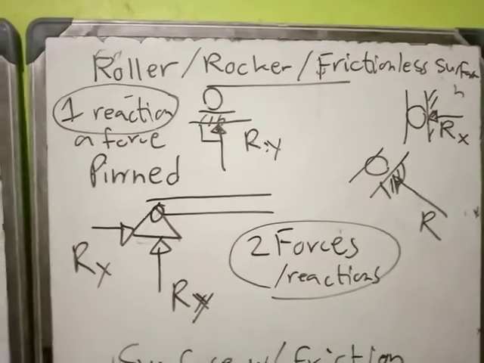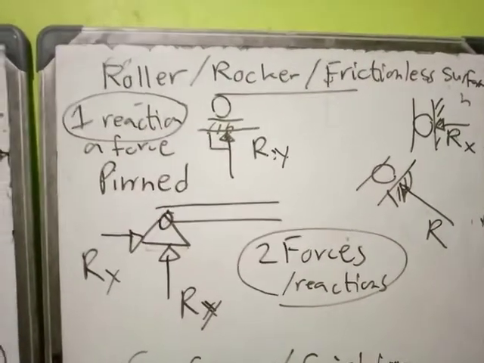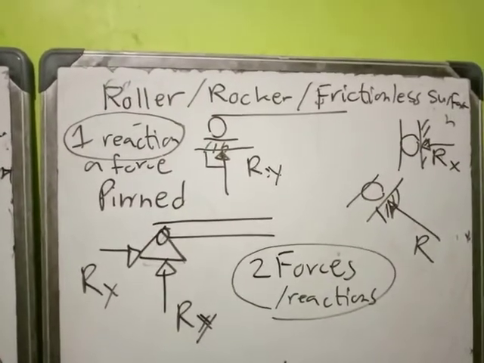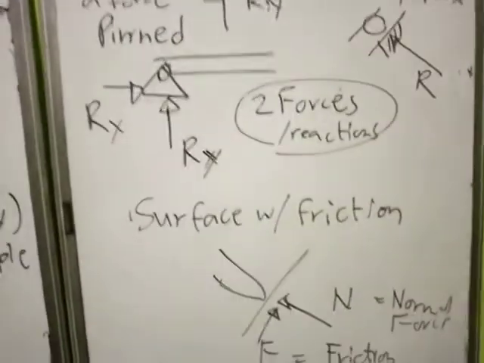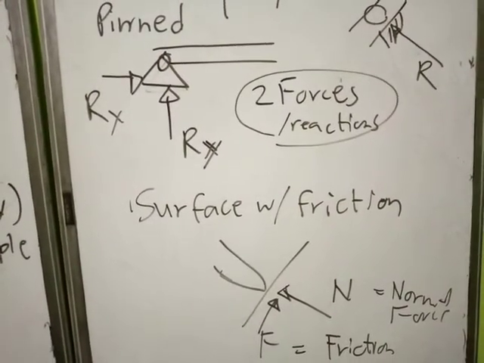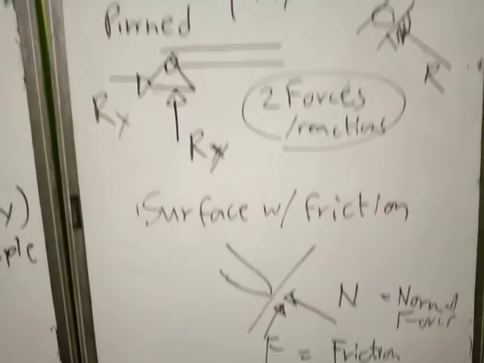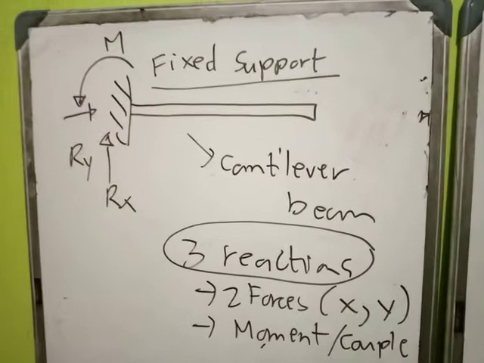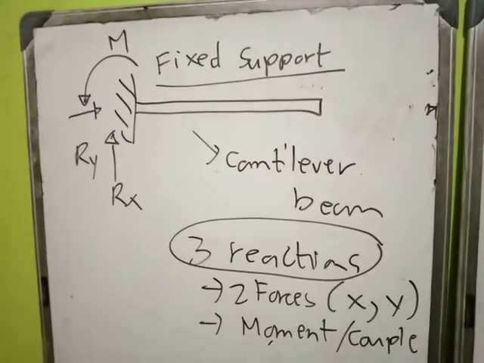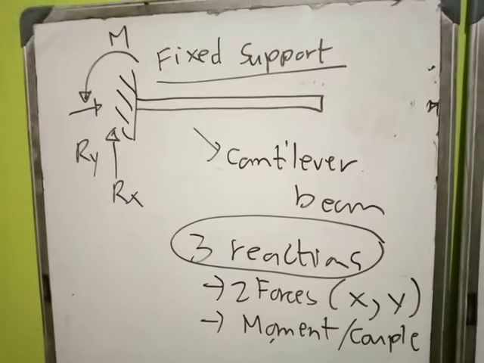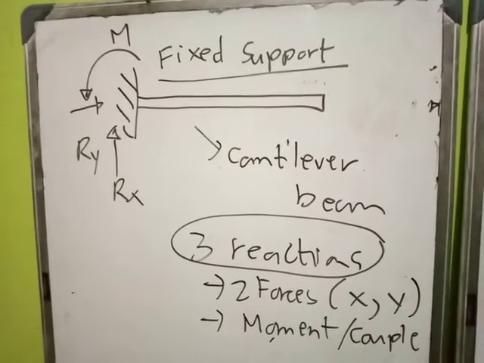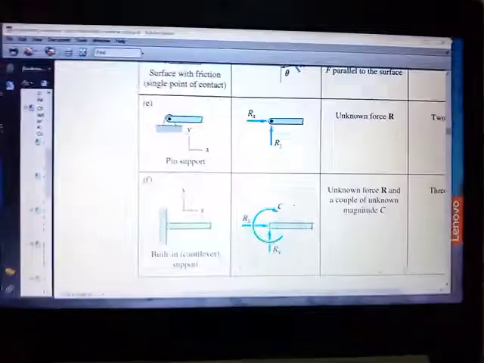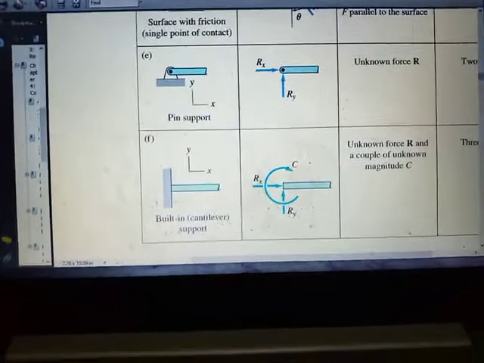That is the difference of the three. Some supports have one reaction only: roller, rocker and frictionless surface. Some supports have two forces or reactions, such as the pin and surface with friction. And the fixed or cantilever support has three reactions: two forces, one in the x direction and one in the y direction, and a moment, also called a couple.